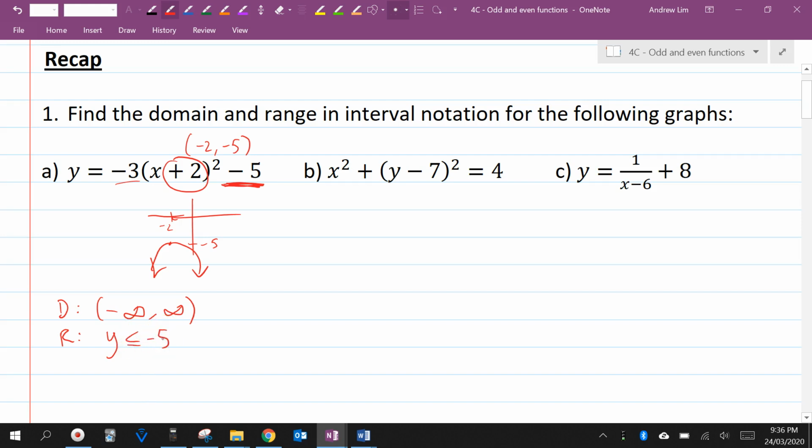That should help us know that we are going from negative infinity all the way up to minus 5 inclusive, because we include minus 5. Okay, because we include minus 5 here, we use the square bracket. Okay, so I'm just going to get rid of that, and I'm going to move this across.